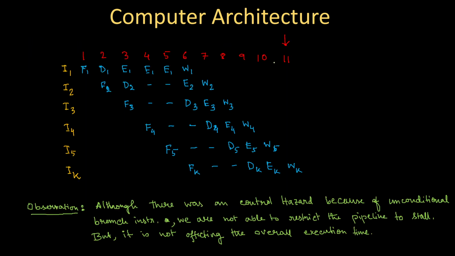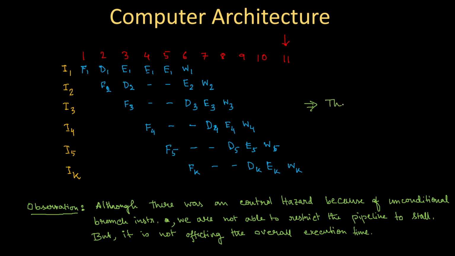So my overall execution time is not changing. So despite this control hazard, I'm able to avoid wasting time with respect to the overall execution time. And here is the success of the instruction prefetch queue.